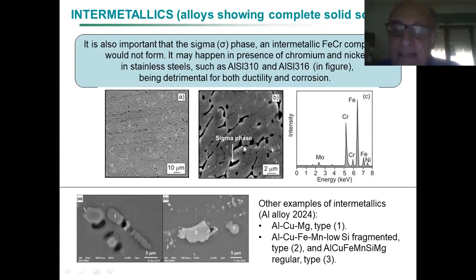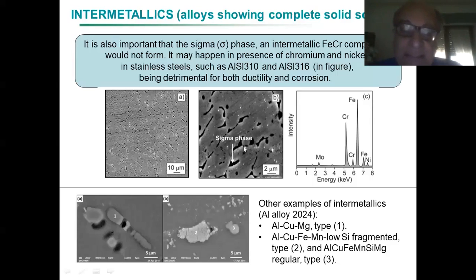Then there is chromium, and when chromium is so high, this represents that small area, the area of the intermetallic, where the chromium amount is going to be 40 or 45%, so a lot. And chromium also has two possible phases. Then we have a little bit of nickel and molybdenum.